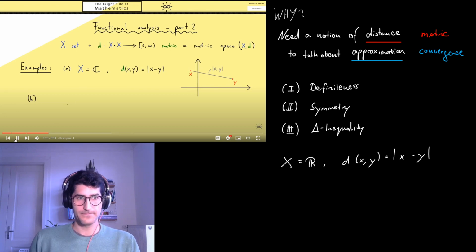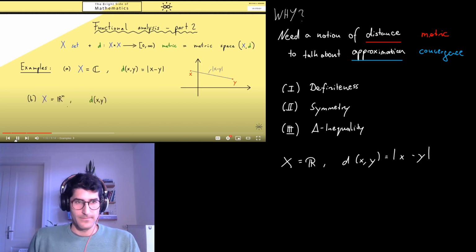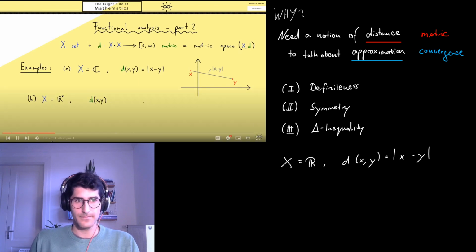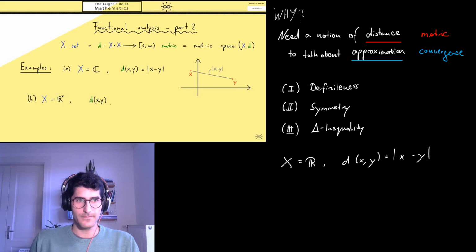So this normal geometry we have for measuring distances, you can also do in higher dimensions. For example, if the set is Rn, we would have a standard metric we can choose, and this is usually called the Euclidean metric or the Euclidean distance. And because you know Pythagoras' theorem, you also know the definition of d.